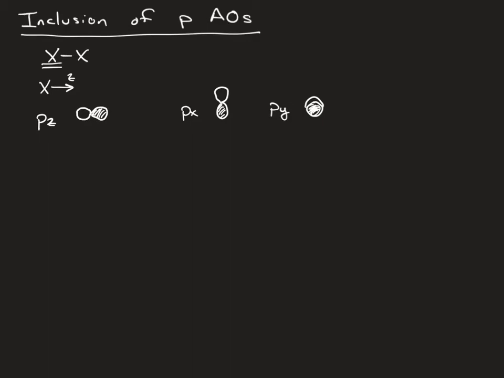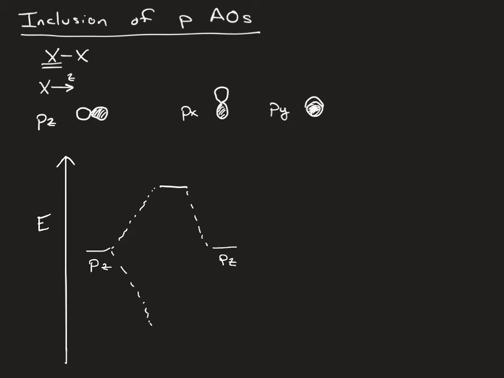The consequence of this is that we're going to form different types of bonds with the pz atomic orbitals versus the px and the py atomic orbitals. Going through and drawing in our energy axis, I'm going to draw our pz orbitals, and this will form an in-phase and an out-of-phase combination.